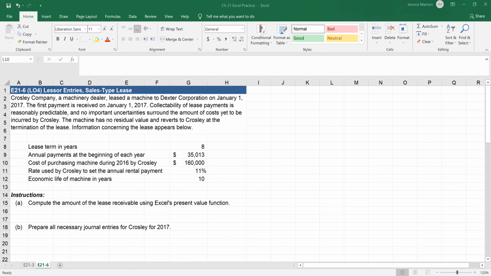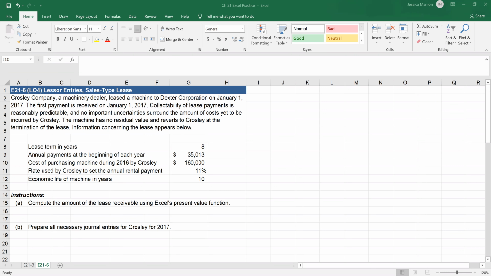I said in class that we would practice a sales type lease, just like it shows in our book.